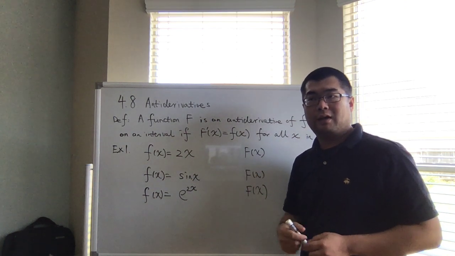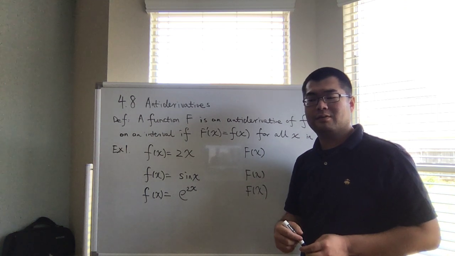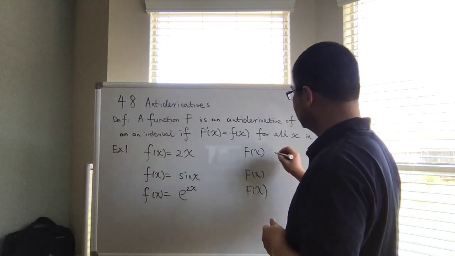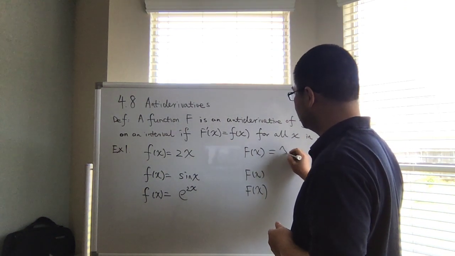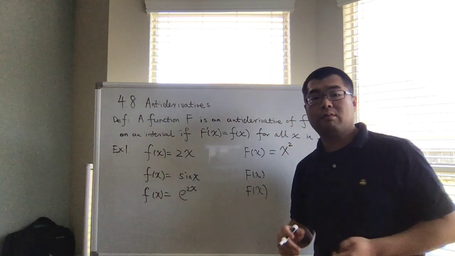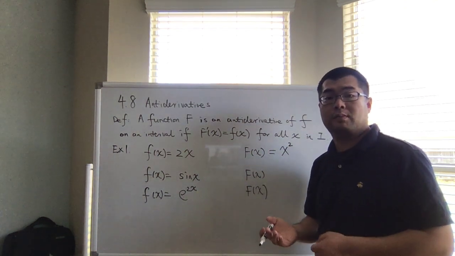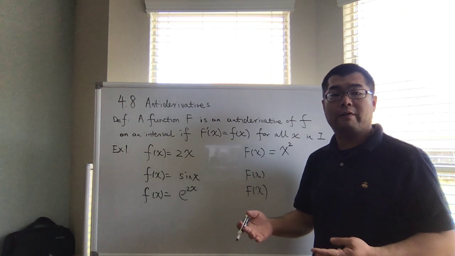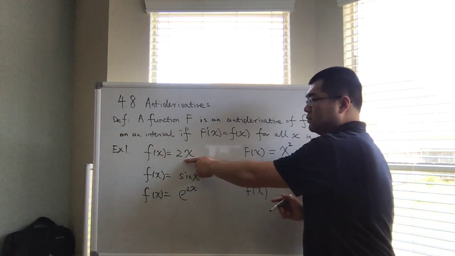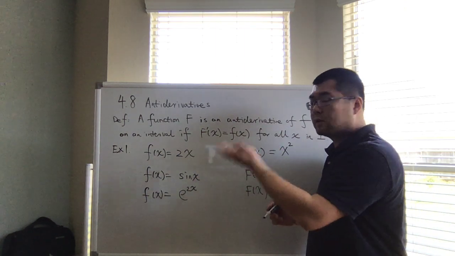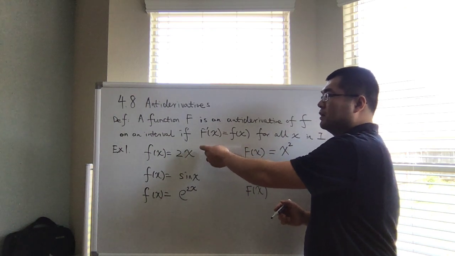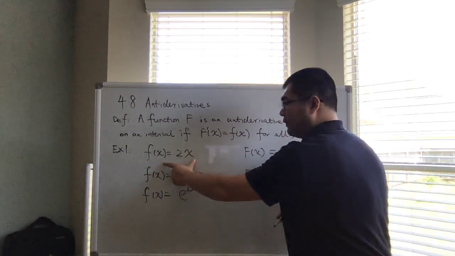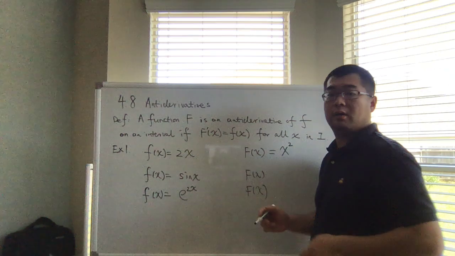Well, if you think about it, do you agree x squared works, right? Because if you take the derivative of x squared, that'll give you 2x. That is exactly the definition of the antiderivative of f, which is x squared.